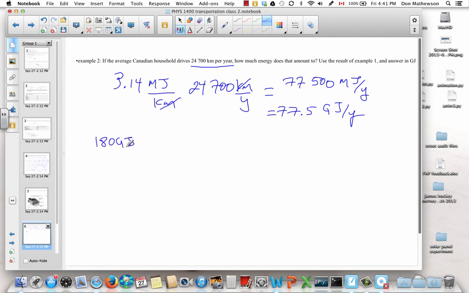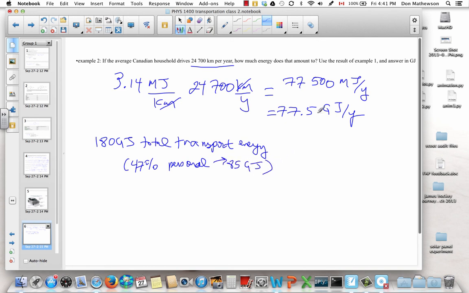Now, just for comparison's sake, in the textbook, earlier we referred to the fact that about 180 gigajoules was the total transport energy, but of course not all of that is for automobile transportation. About 47%, the value given in the book, was for the personal transport. The rest is for freight, and 47% of 180 is about 85 gigajoules.